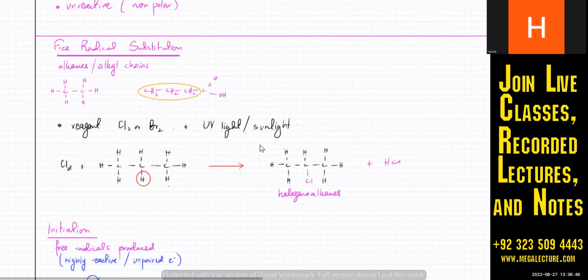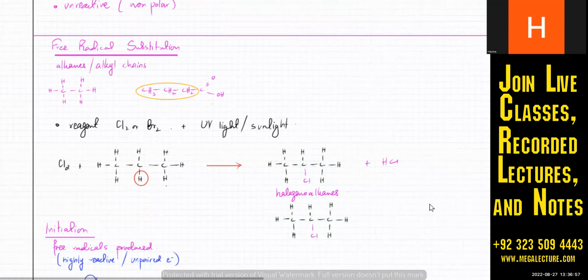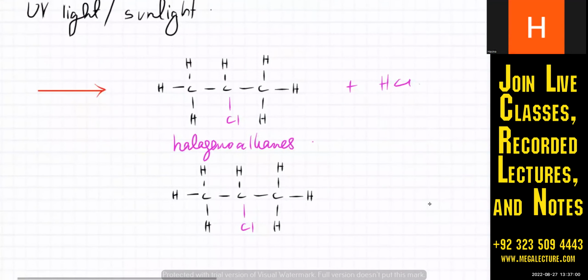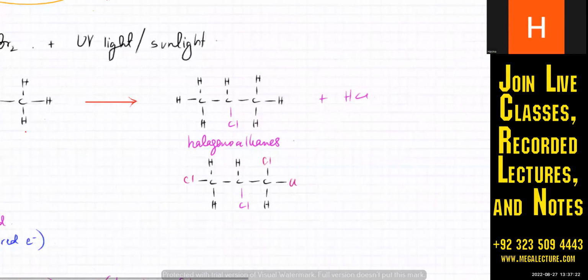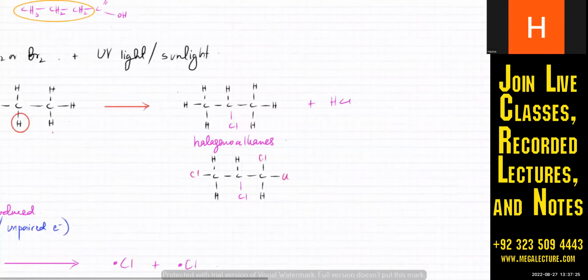It could be more than one Cl as well, and it's a random reaction, so there'll be multiple products possible. You could have another Cl over here, and another Cl over here. The hydrogens that get knocked out eventually turn into HCl.